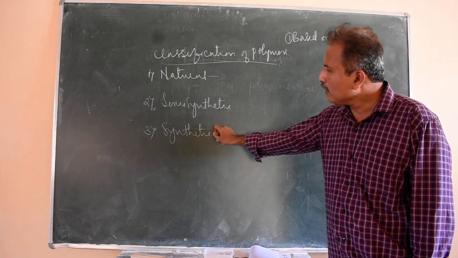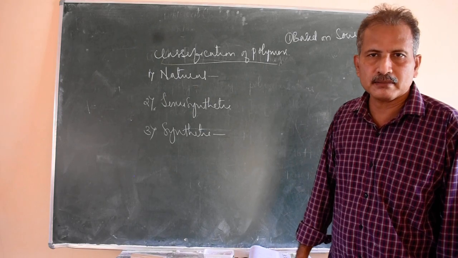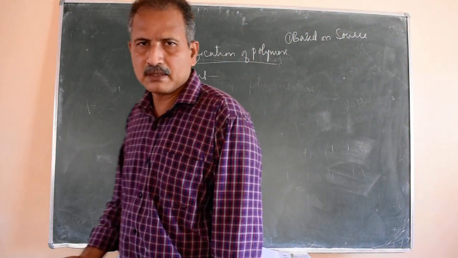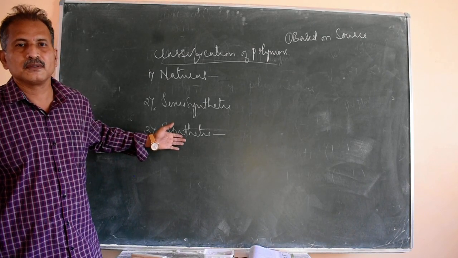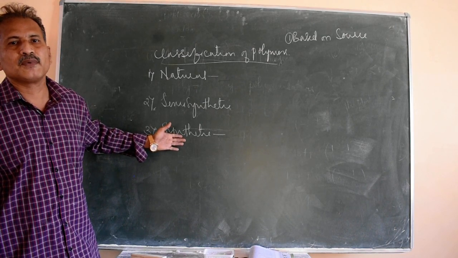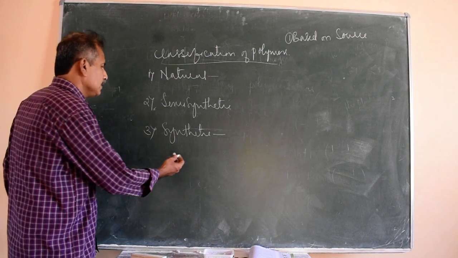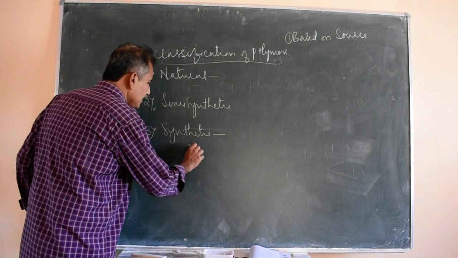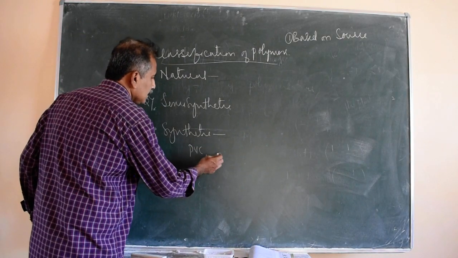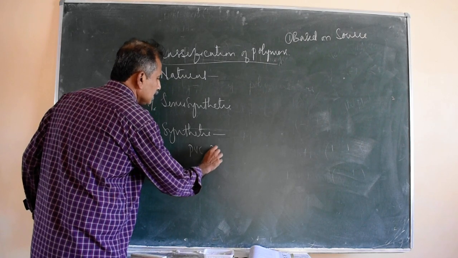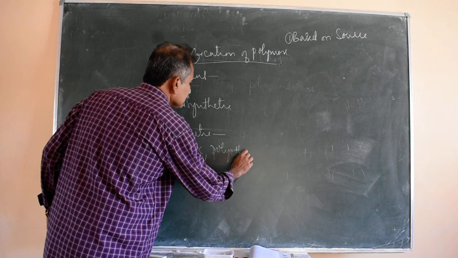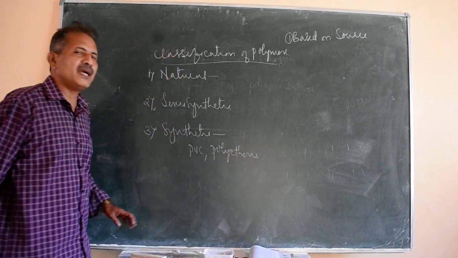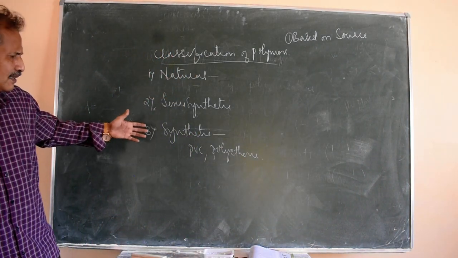Then polymers made by man, right? So they are all synthetic. Understood? So we have several, for example PVC, then polythene, right? Bakelite, several are there.